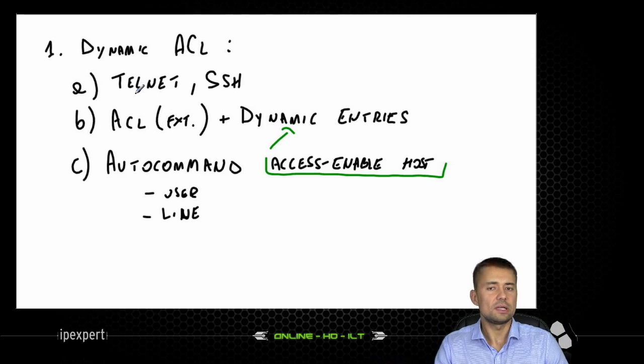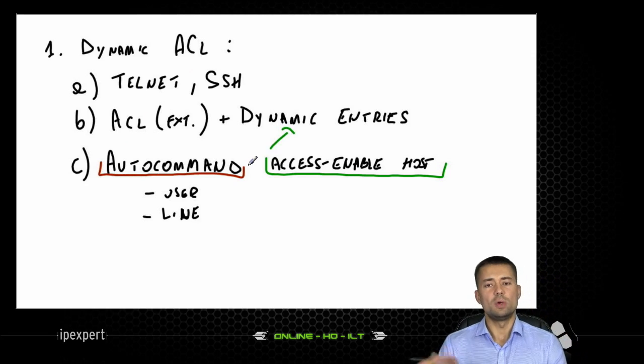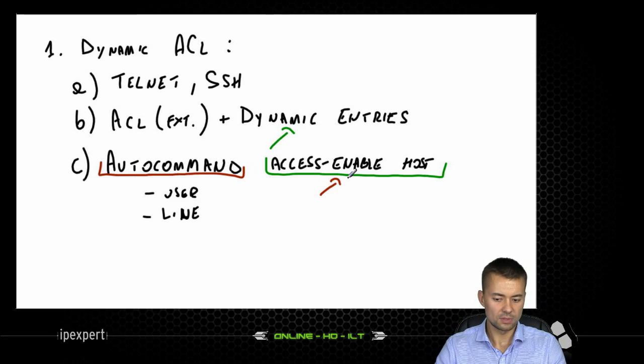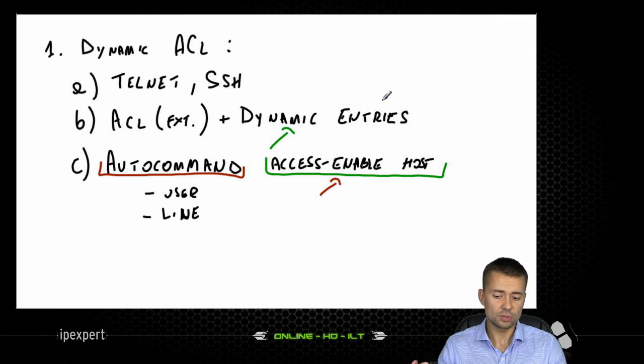What we want to do here is that instead of trying to get to the device to manage it, we just want to activate our dynamic ACL. So the autocommand tells the device, when this guy authenticates to that line, drop the session, but issue the access-enable host option. Access-enable host once again activates our dynamic entry or entries and also changes the source from any to the IP address of the connecting device, which in our case is going to be router 6.